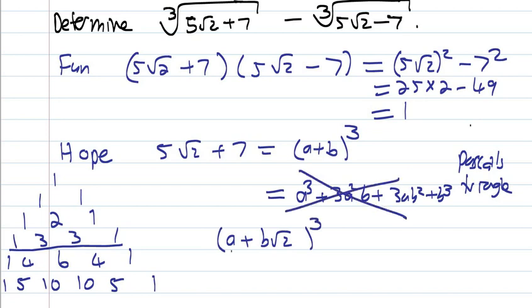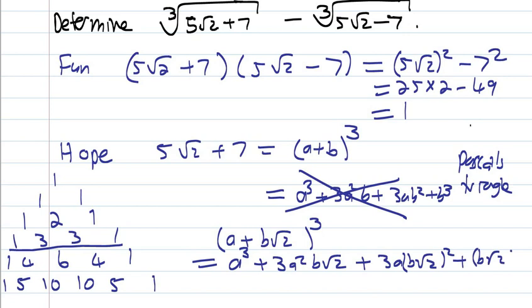We now have a look at a plus b root 2 cubed. So if we apply this, this becomes a cubed plus 3a squared b root 2 plus 3ab root 2 squared plus b root 2 cubed.